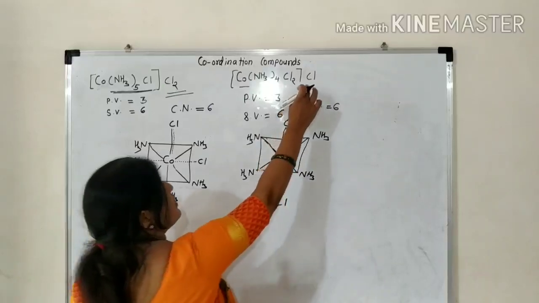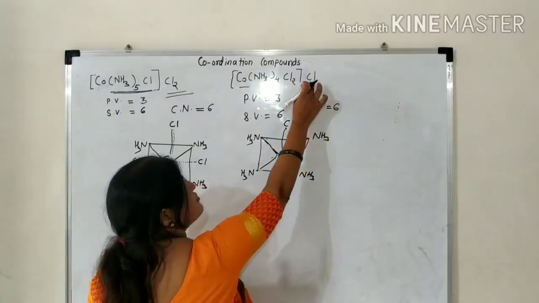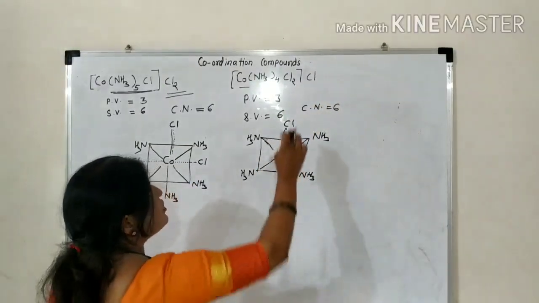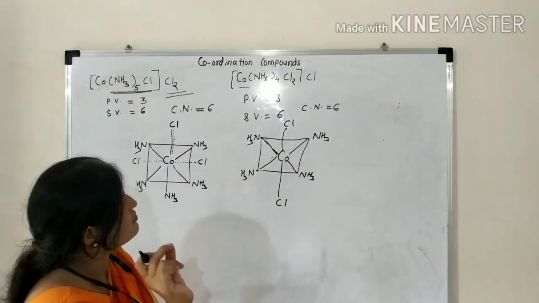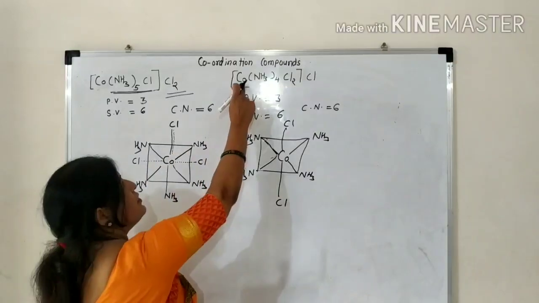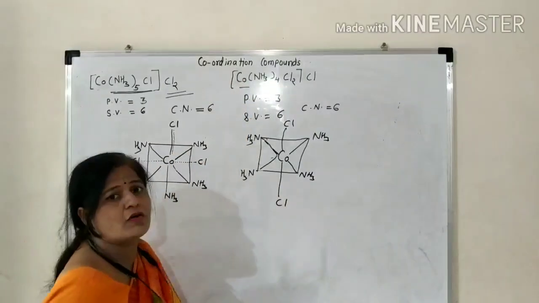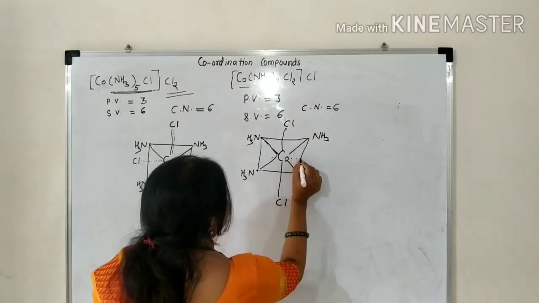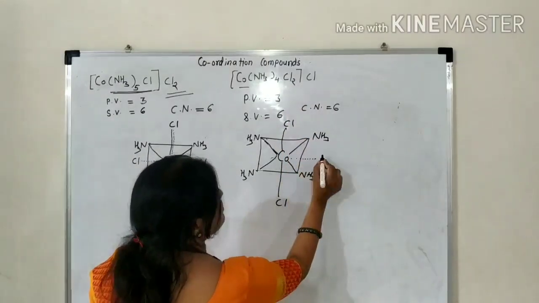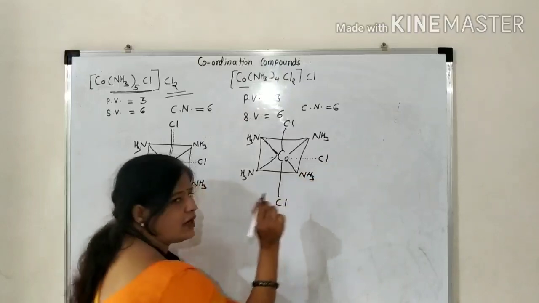Now primary valency is satisfied by these counter ions. How many chlorides are present here? 1 chloride. That 1 chloride satisfies the primary oxidation state of cobalt, meaning primary valency. Here 1 chloride is shown by a dotted line like this. You can show it anywhere.